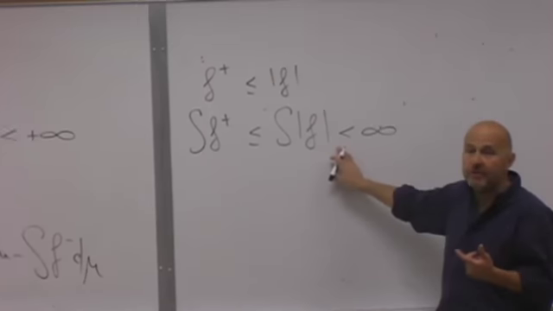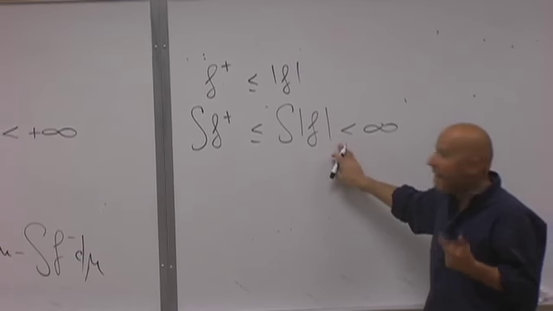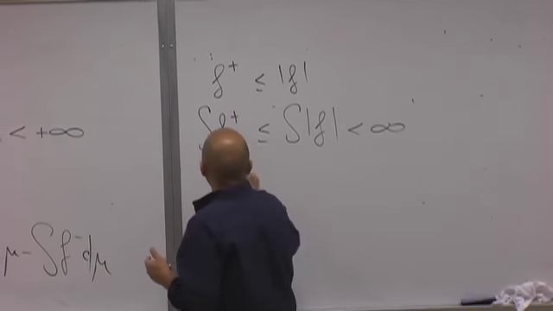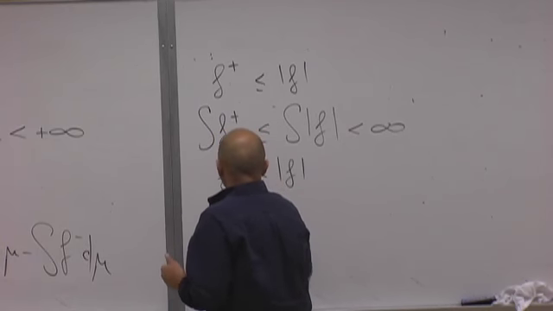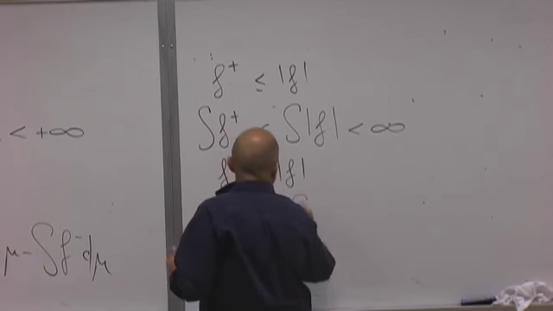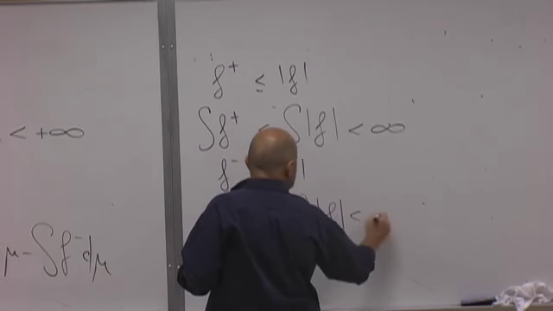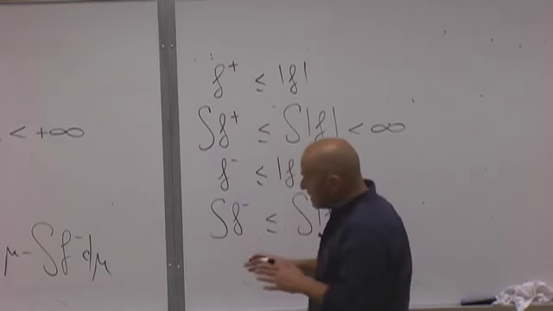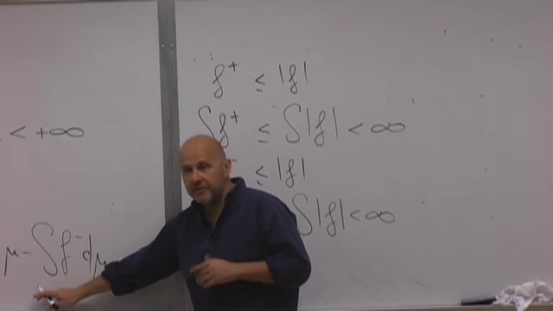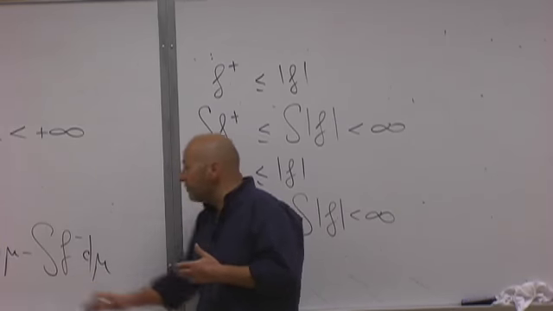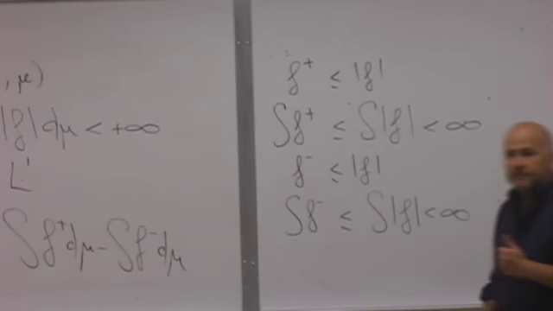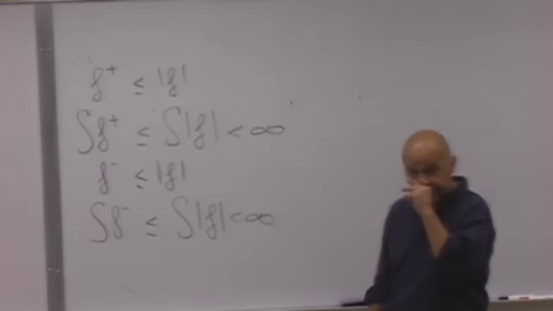That's what it means to be integrable for us. And same thing for f minus. f minus is also less than the absolute value of f, and the integral of f minus is less than the integral of the absolute value of f. And so this is a well-defined definition. This is not infinity minus infinity. They are both finite. That's important.